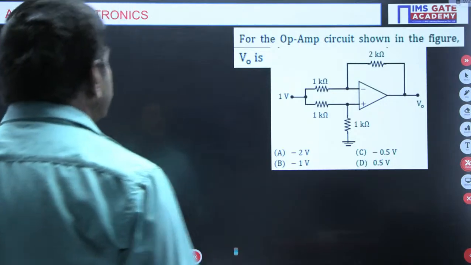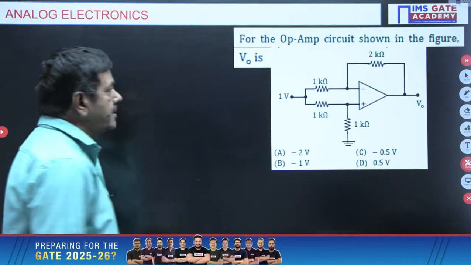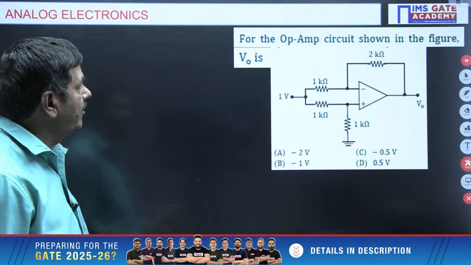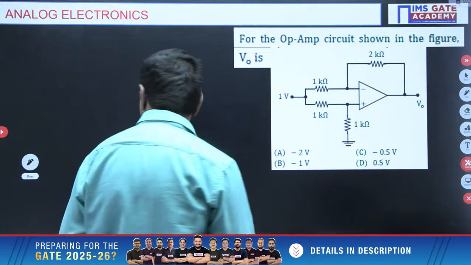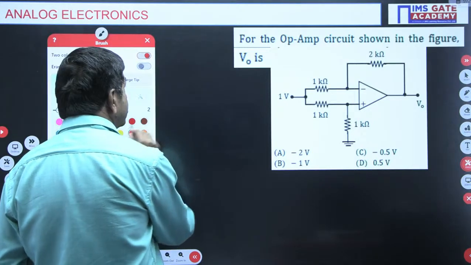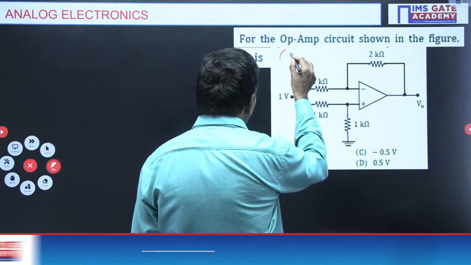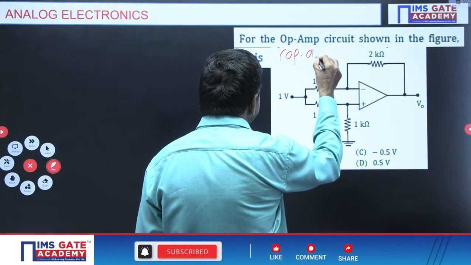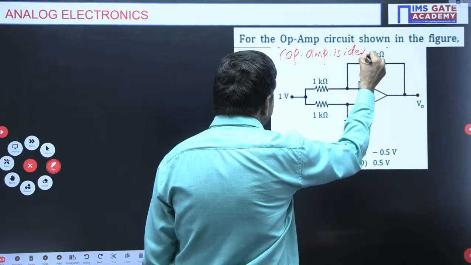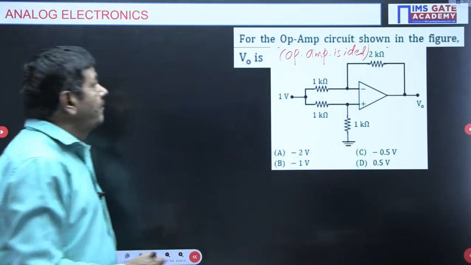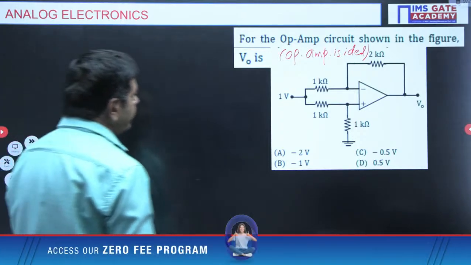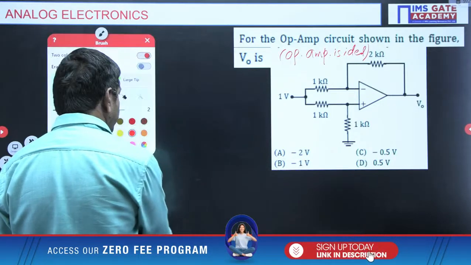For the op-amp circuit shown in the figure, V0 is dash. But in this problem it is given that the op-amp is ideal, in the bracket. That's given. Which option is correct, he is asking here.